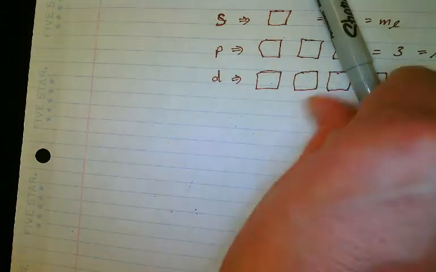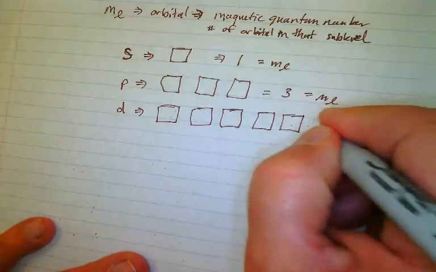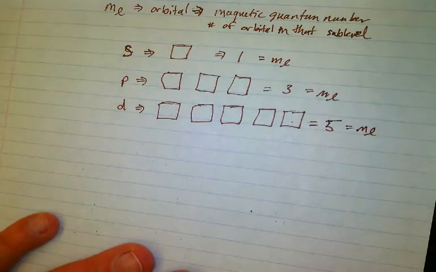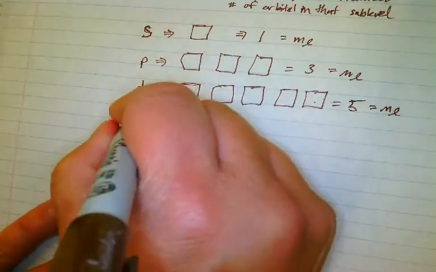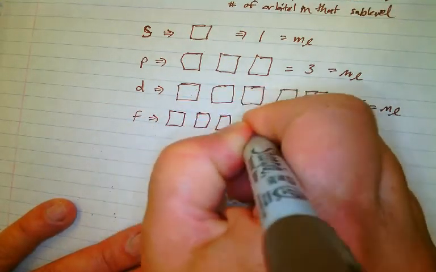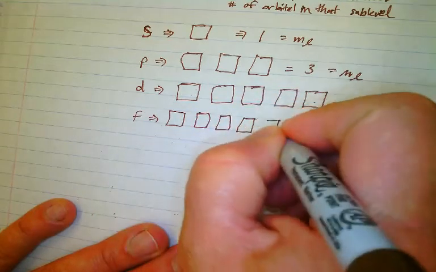How many boxes does D have? 5 pictures, because it holds 10 electrons. So ML there would be 5 for D. Okay? What about F? How many boxes do you draw for F? 7.